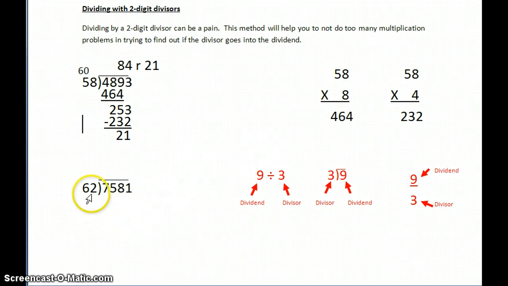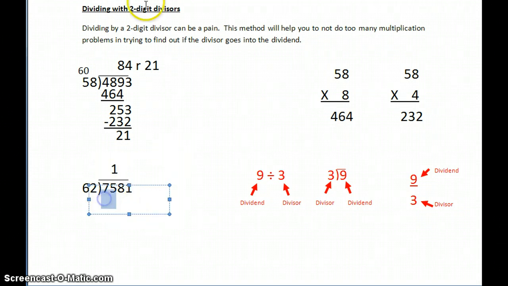Now, if I have a division problem such as this, where I have 62 as a larger divisor, and it can go right into 75, I don't have to do any of this estimating. I can just say to myself, well, gosh, 62 is going to go into 75 just one time. That's pretty easy.